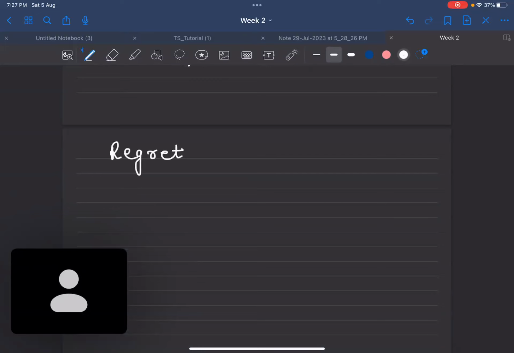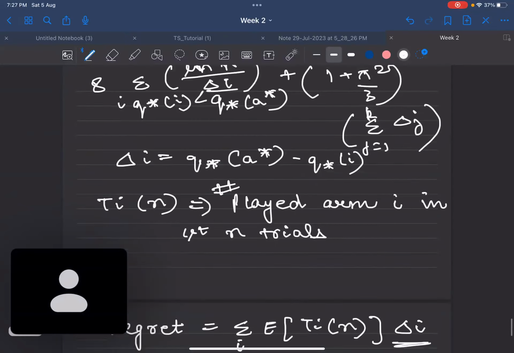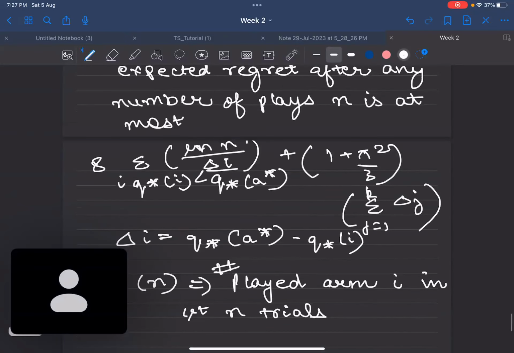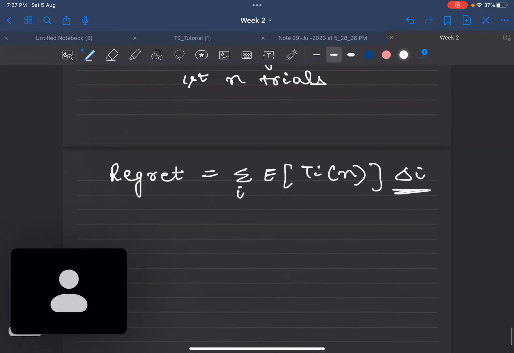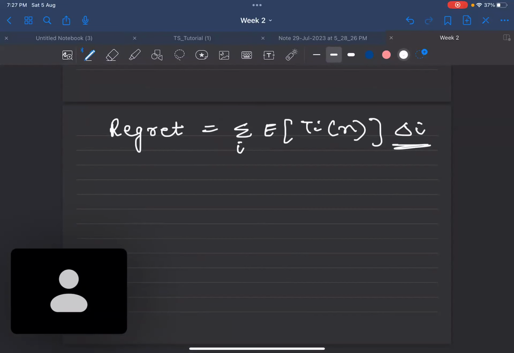Coming to the regret, let me explain everything, just hold on. Now, what was this delta I? Loss, error, or regret, I can say, of picking the arm I instead of A star.